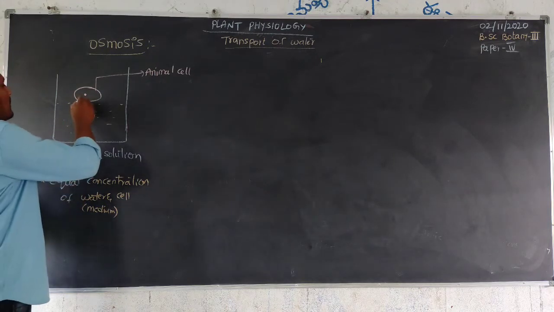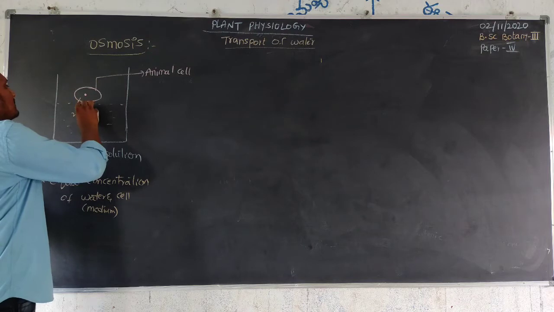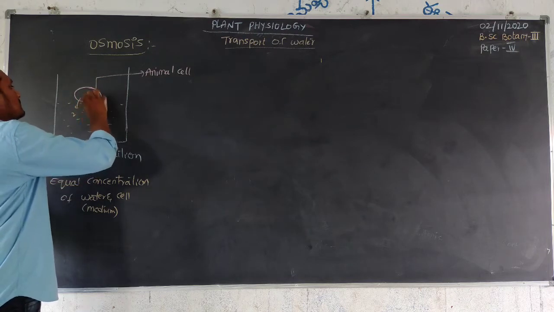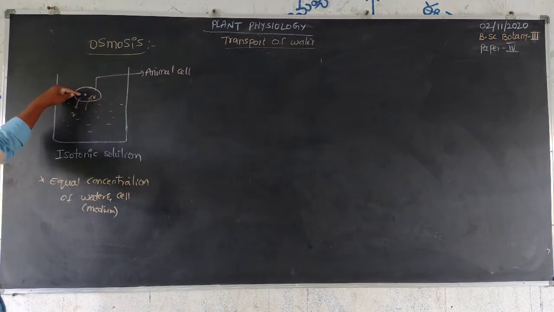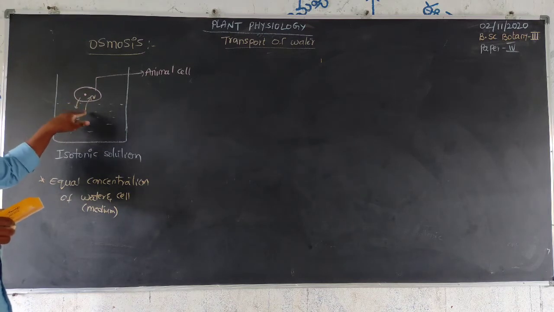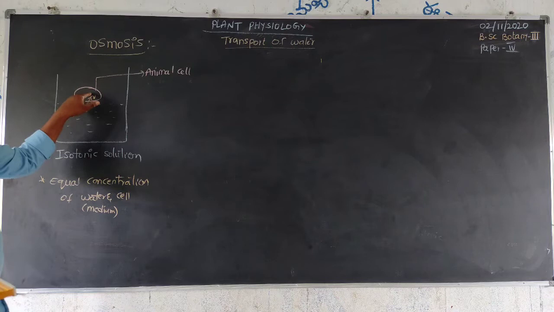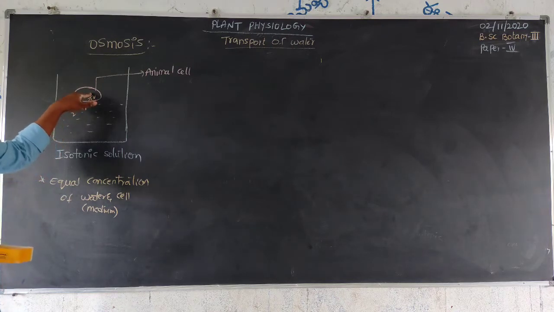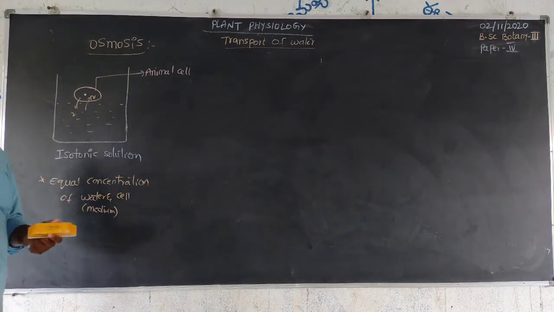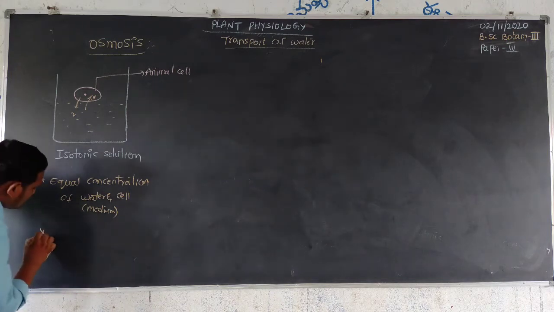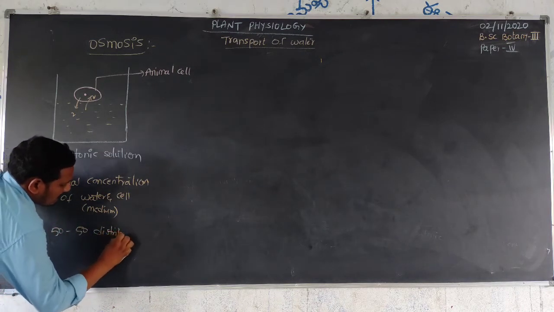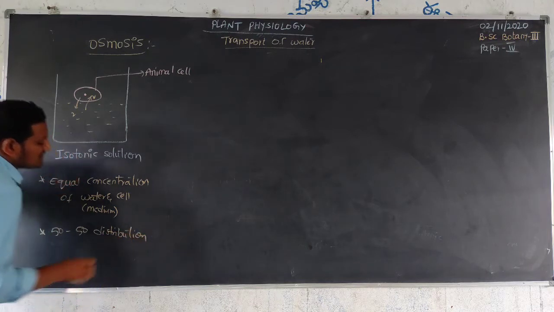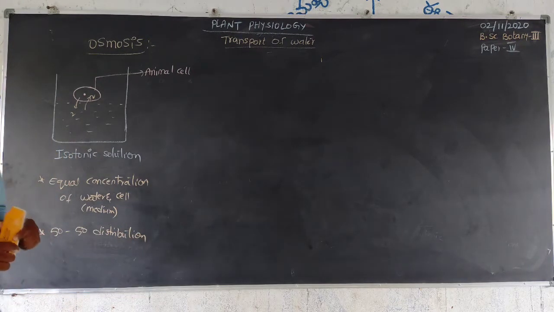In case two molecules come in, two molecules enter into the cell. That is, two molecules enter from the liquid to the cell, and the same concentration of molecules will be transferred. That is 50-50 distribution. Equal distribution. They reach equilibrium.